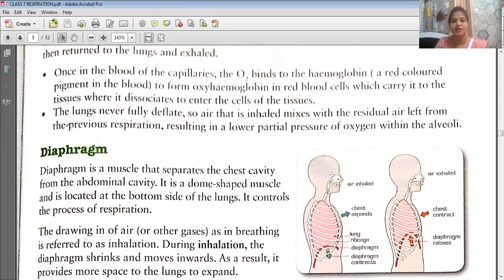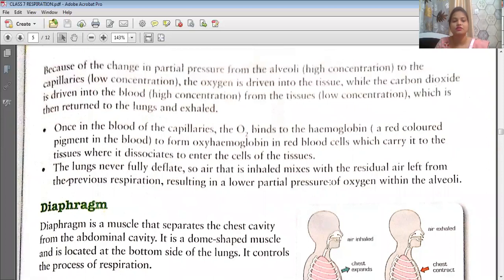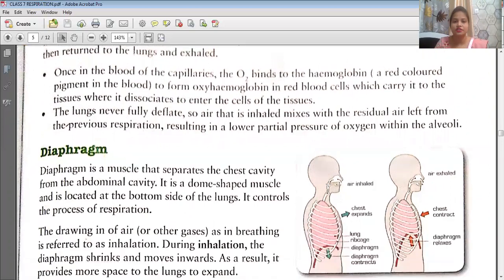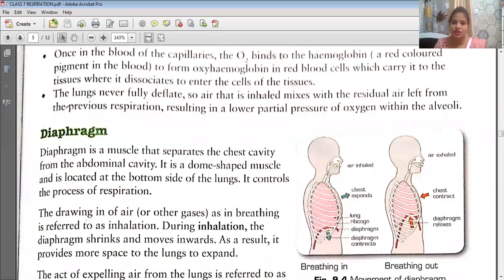When oxygen combines with hemoglobin, it forms oxyhemoglobin, which is present in our red blood cells, and this carries it to the tissues where it dissociates and enters the cells of the tissues. Oxygen does not enter the tissues directly; it mixes with the blood, and this blood goes into the tissue.